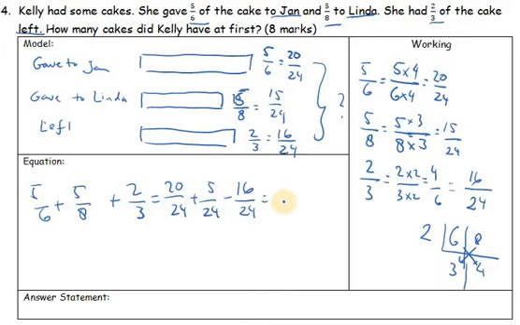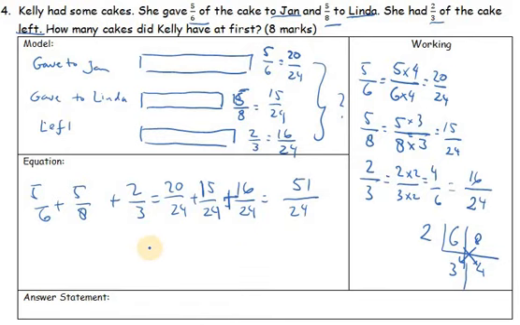Now we have the same denominator. Sorry, this one is plus also. So after you add up, this is 51 out of 24.